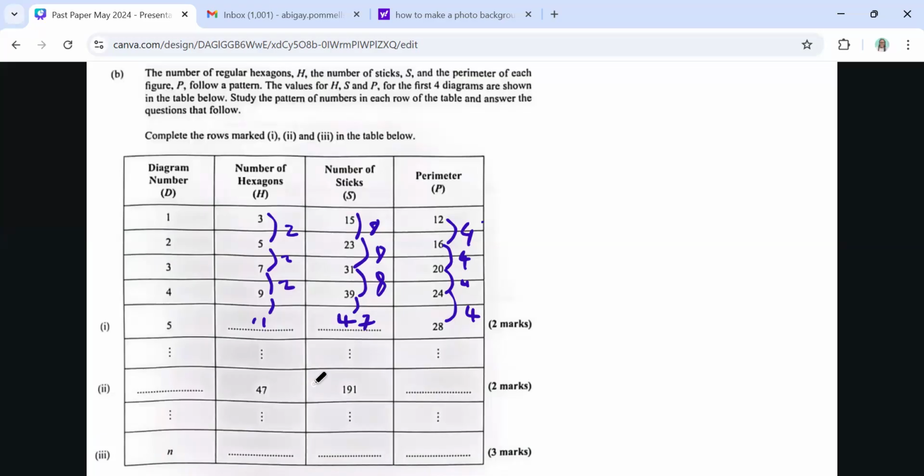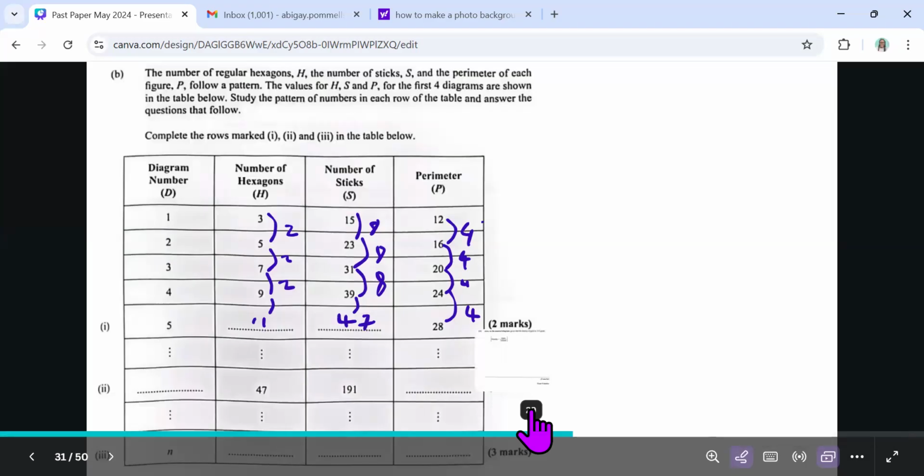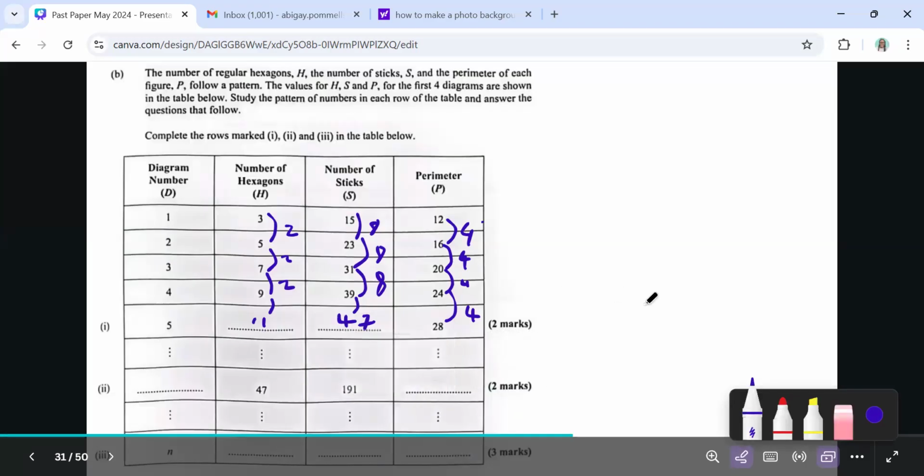Okay, before we go to that row, let us go to N first before we start on the second row. All right, so it says N. We don't know what it is here.